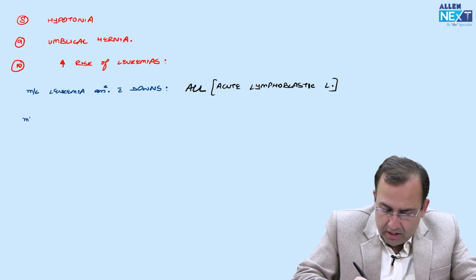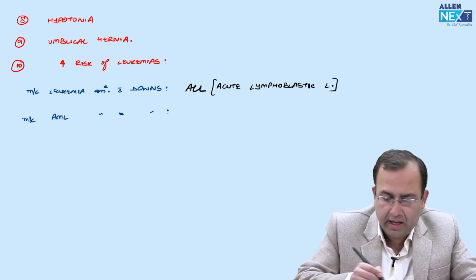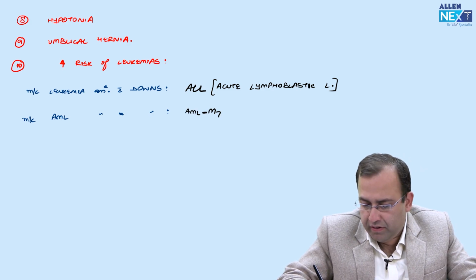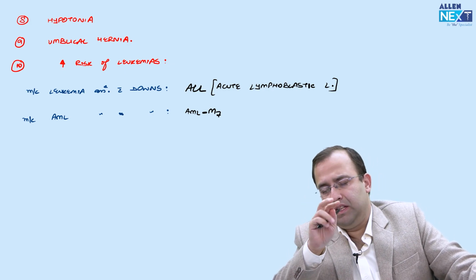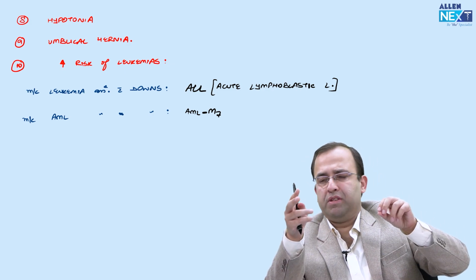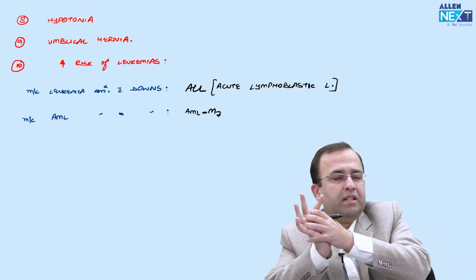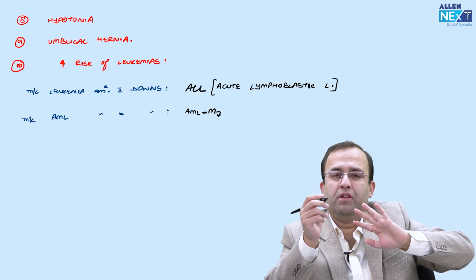Most common leukemia in Downs is ALL, acute lymphoblastic leukemia. Whereas the most common AML in Downs is AML M7. We'll do the FAB classification of AML in blood cancers, where it is divided into M0 to M7. Last number is M7, so least common AML is M7. But it is the most common AML in Downs.